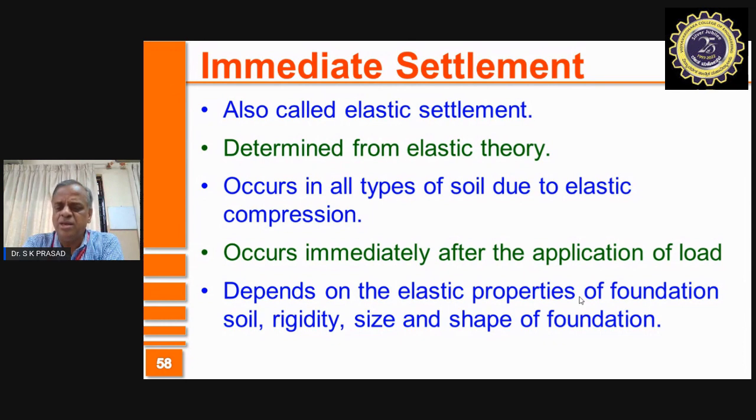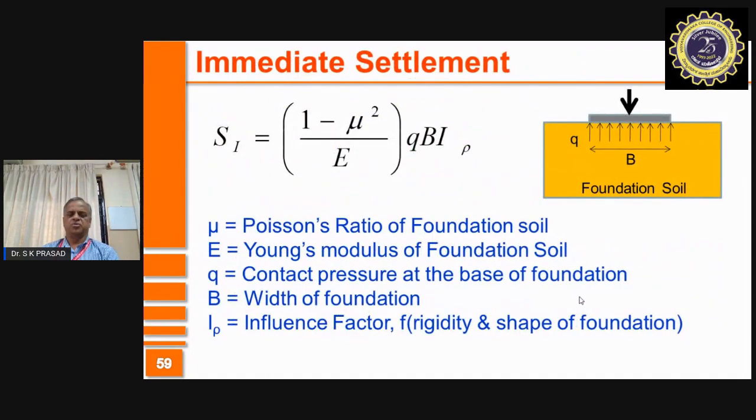It is due to the elastic settlement, and it occurs immediately after the load is applied. And it depends on the rigidity of the soil, the size and shape of the foundation, and some of the elastic properties of foundation. So it's given by the formula which is shown here.